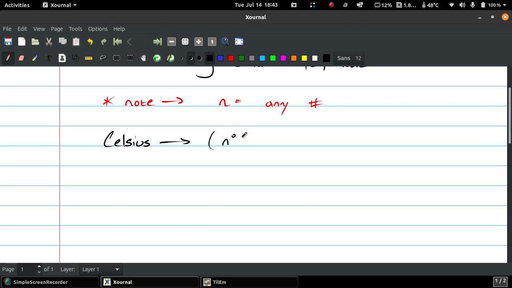N degrees Celsius to Fahrenheit, which we're almost never going to do. Fahrenheit to Celsius, which we will do quite a bit of.